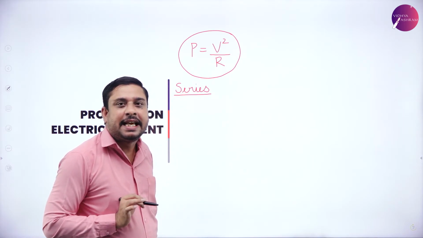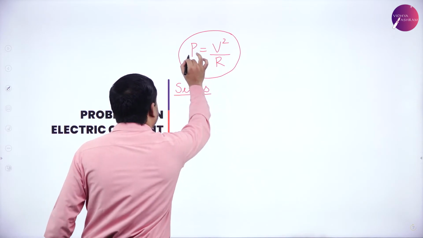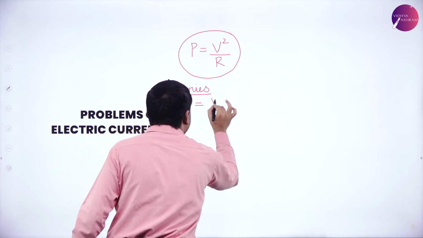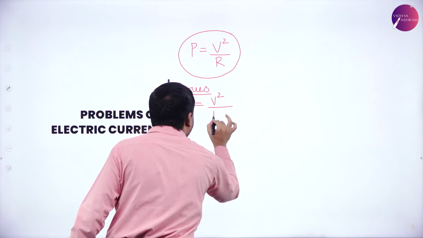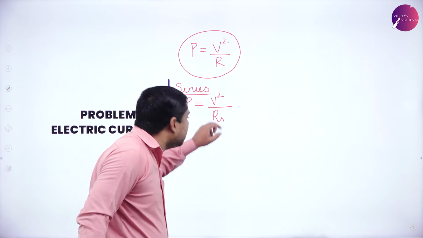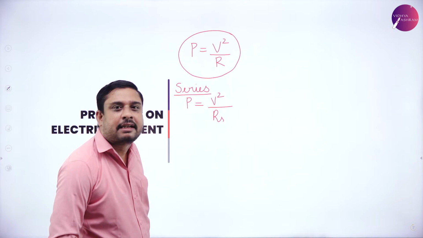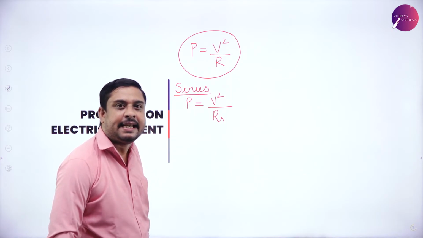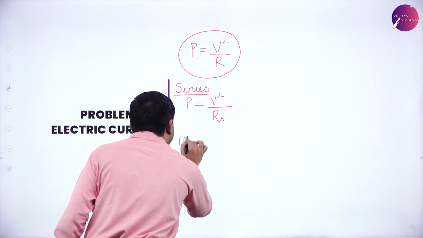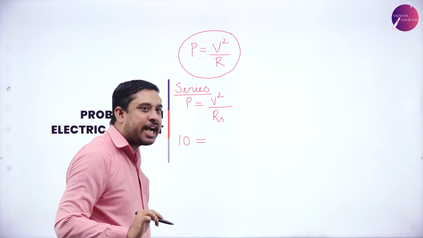The 3 resistors are connected in series, so this becomes P equals V square by RS. In series, they dissipate 10 watt power.